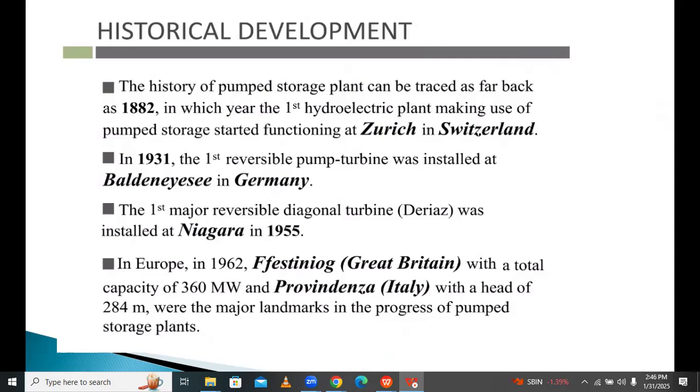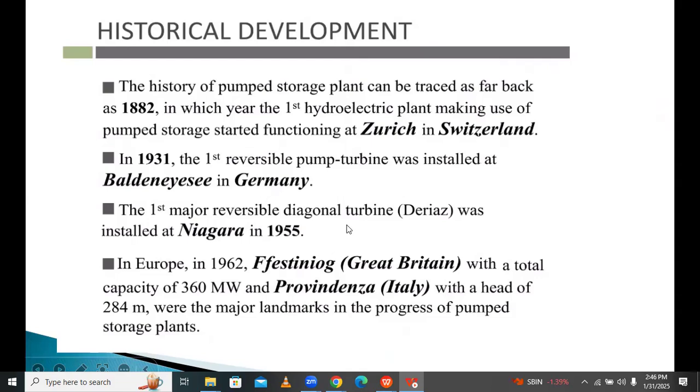When the load on the system is less, it takes power from the grid and acts as a motor, pumping the water through the penstock. So the first reversible turbine was installed in 1931 in Germany.